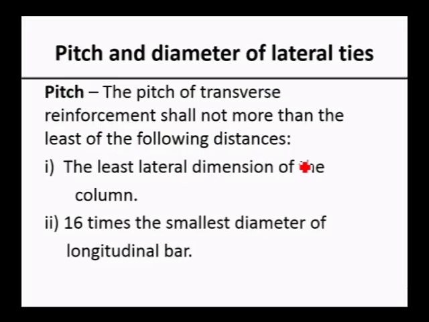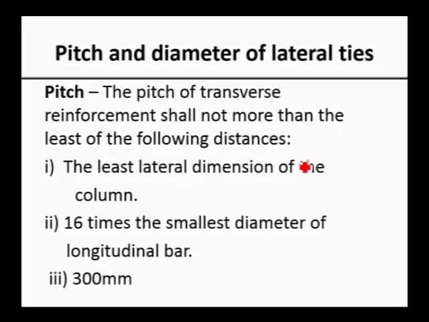The second one is 16 times the smallest diameter of the longitudinal bar. Whatever diameter of longitudinal bars is provided in the column, for example if a 20 mm diameter bar is provided, then 20 into 16 we have to multiply. The third one is 300 mm. The maximum spacing should not be greater than 300 mm. Okay, these are the three conditions given in the code.